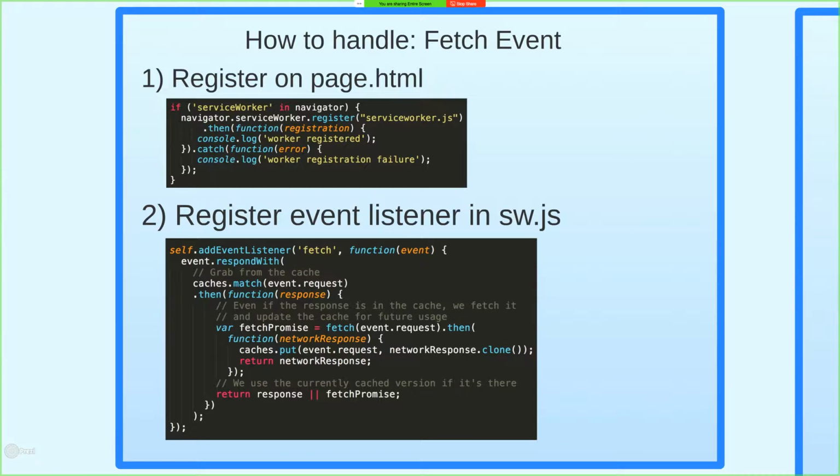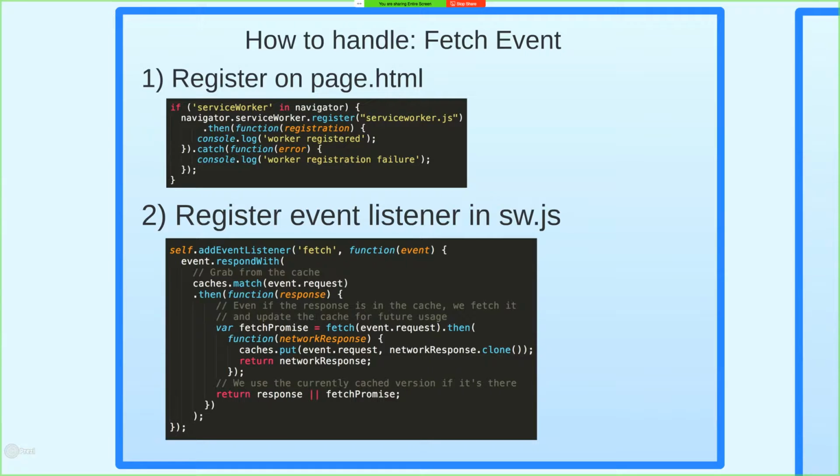So in order to intercept a fetch request on the front end, you have to actually register a service worker. Support for service workers is in most browsers except for Safari and a couple of other ones with mobile, but in general they're fairly well supported. So you do need to check to see if they're in your navigator.